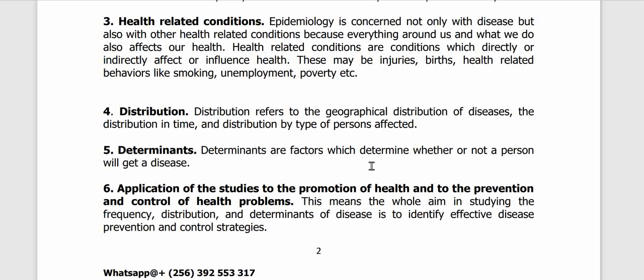They will also consider at what time or what season such infections become rampant, and what persons such disease affects. Is it adults or children? Because not every disease can be common in both children and adults, and in the same way, not every disease can be very common in both males and females.